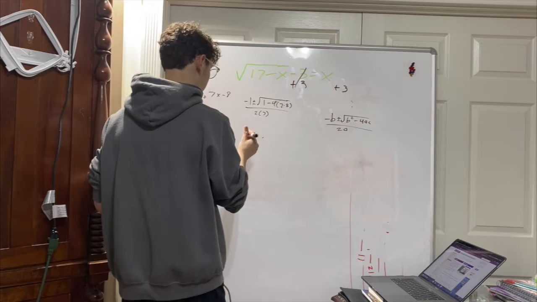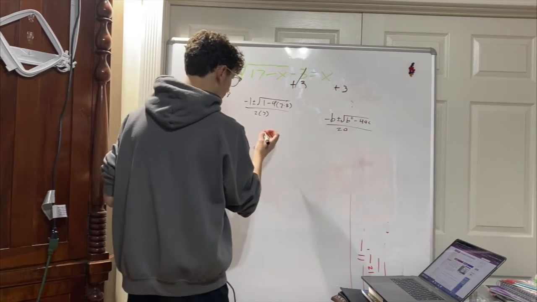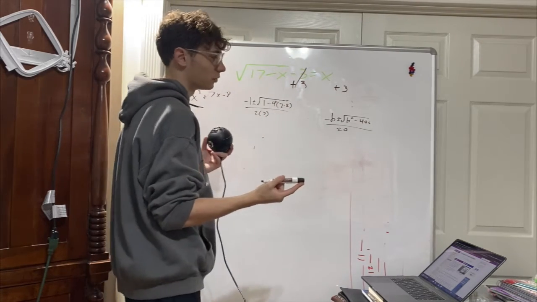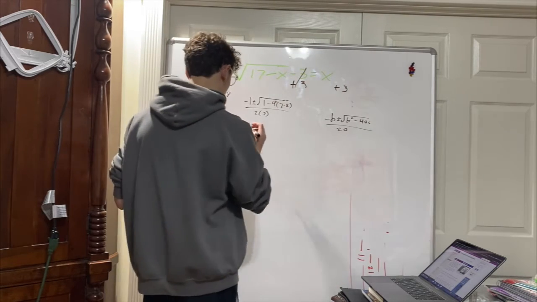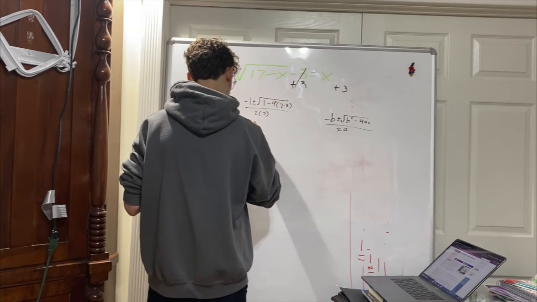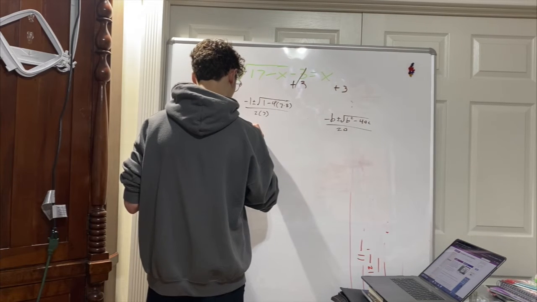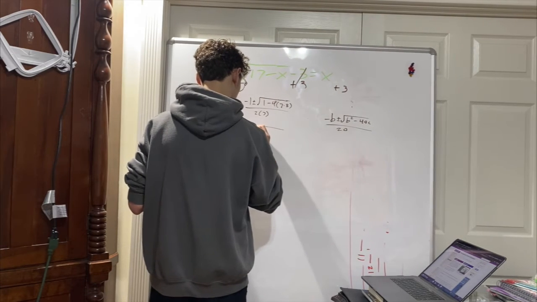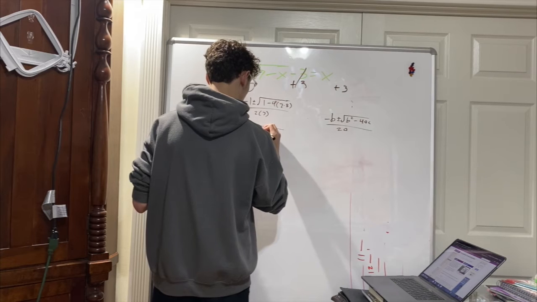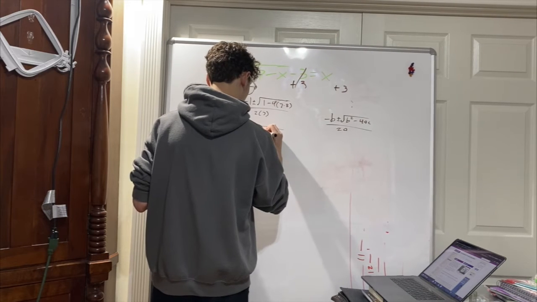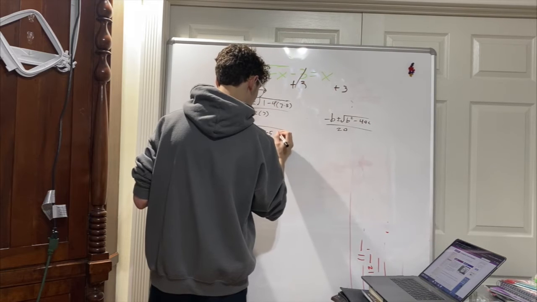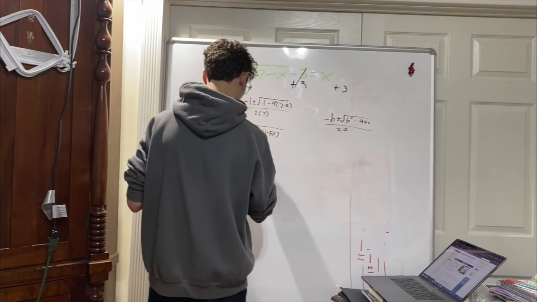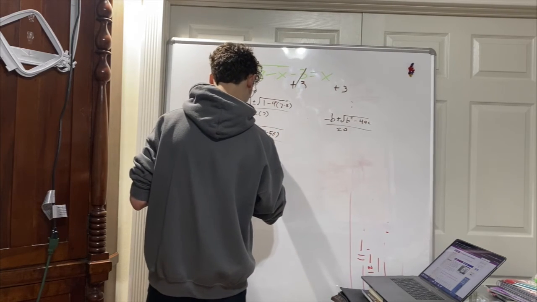Multiplying 56 by negative 4 isn't super easy, so I'll save that for when I need to use my calculator. So it's going to be negative 1 plus or minus the square root of 1 minus 4 times negative 56 over 14.